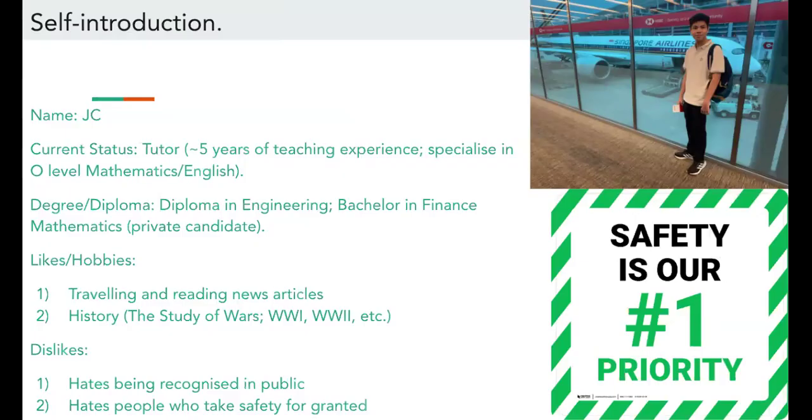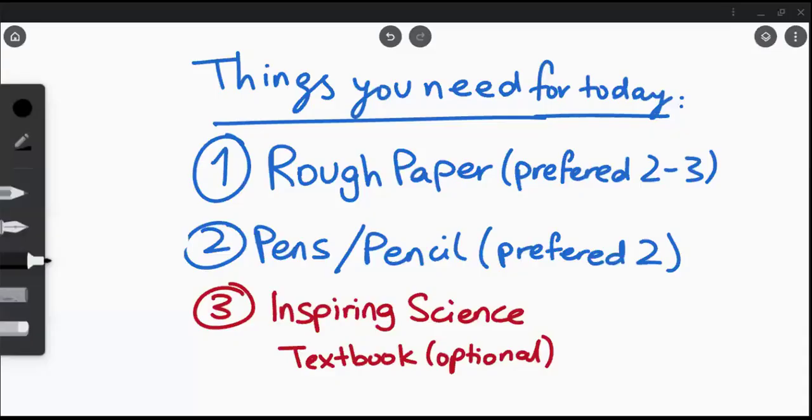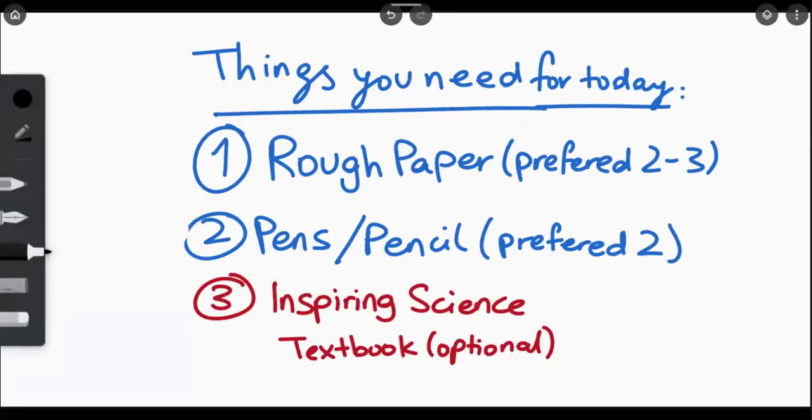Okay, so before I start, I need you to have the following items. Firstly, sorry, I just opened something that I'm not supposed to open. Firstly, today I will need your rough papers.